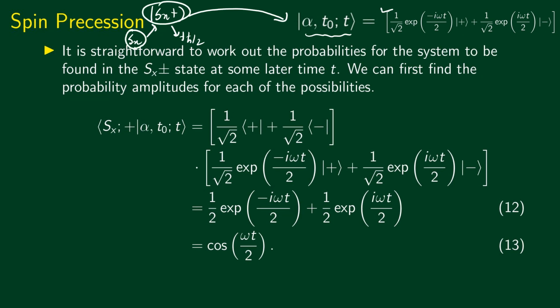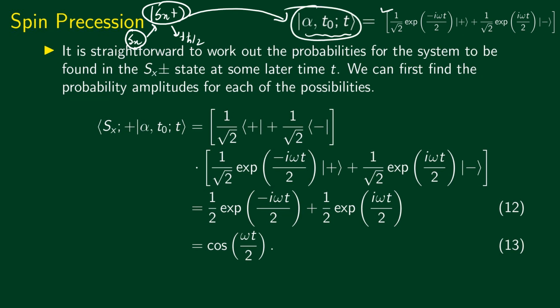So an initial measurement of the x component of spin would give you plus h bar by 2 with probability 1 and minus h bar by 2 with probability 0. Now what happens if you make a measurement of Sx on the time evolved state? Or what happens if you make a measurement of the x component of spin on this state?